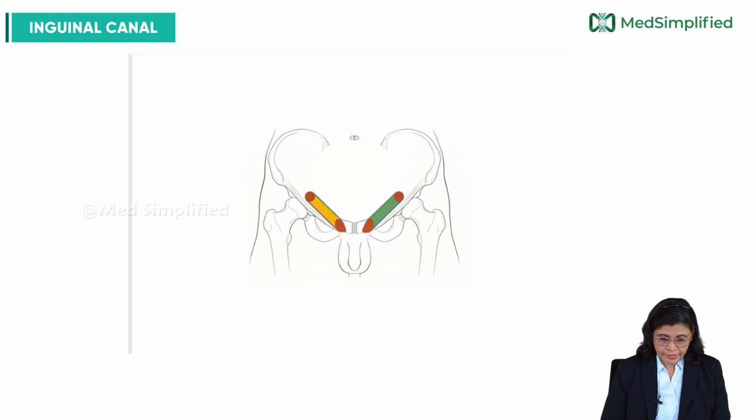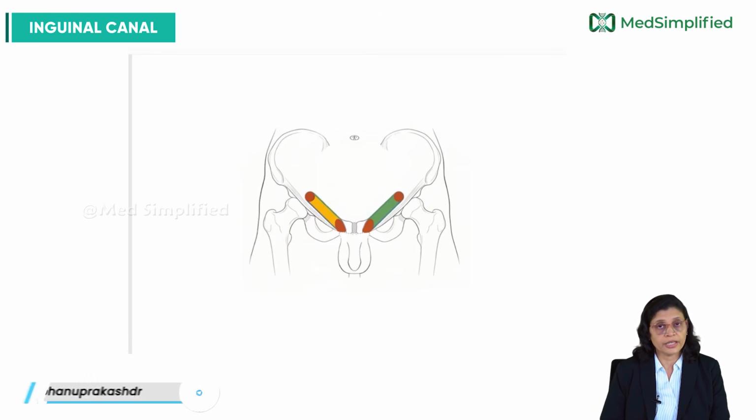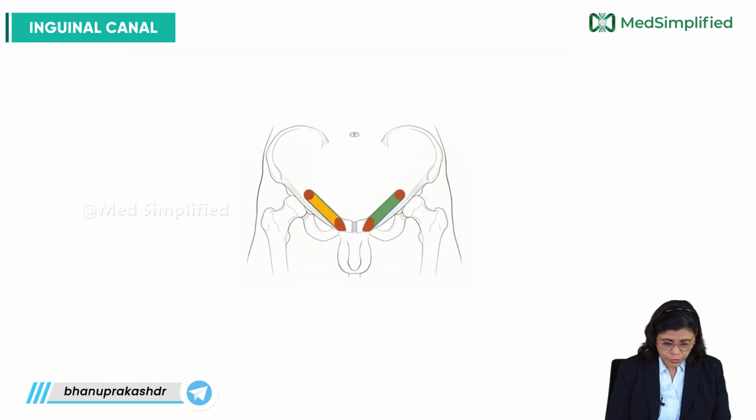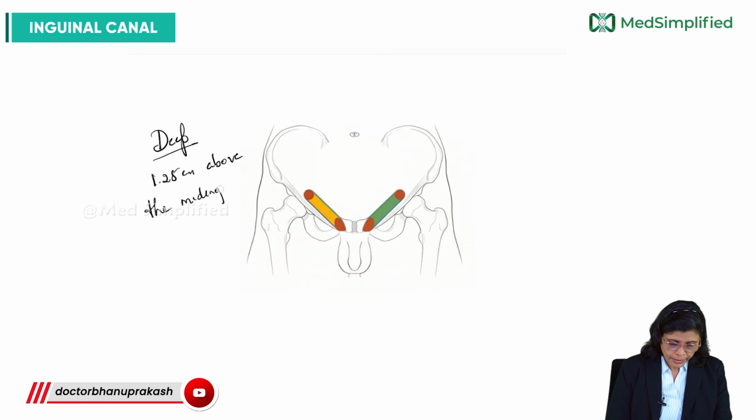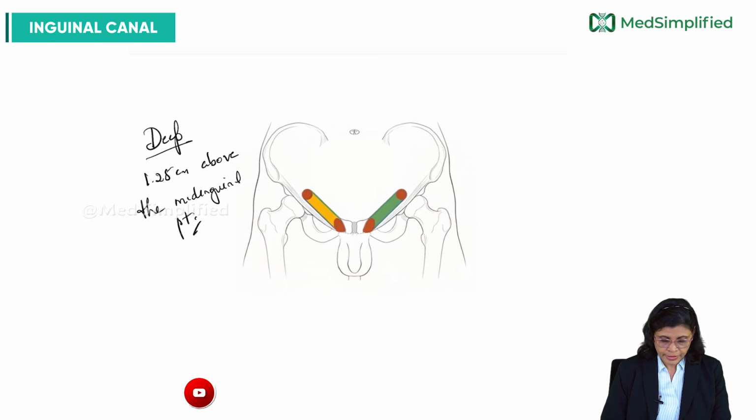The deep ring is about 1.25 centimeters above the mid-inguinal point, that is from the anterior superior iliac spine up to the pubic symphysis. So, above the mid-inguinal point we have the deep inguinal ring located.